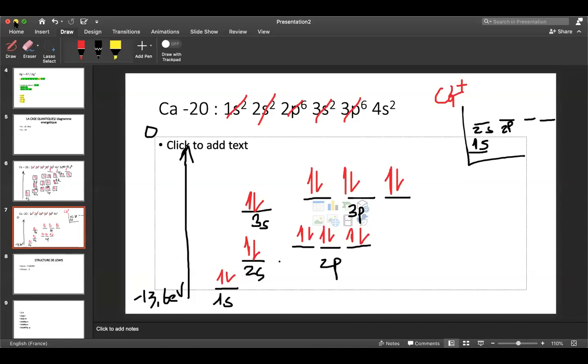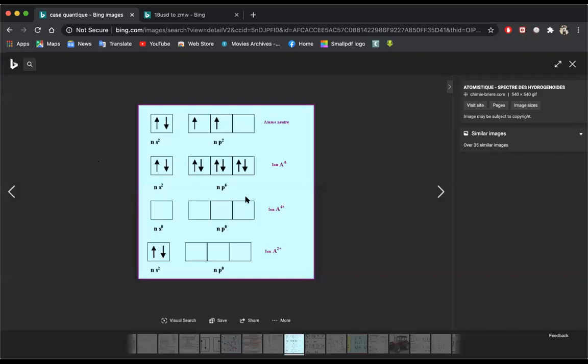Okay, I found one. Just a minute, I share. Can you see the sharing?